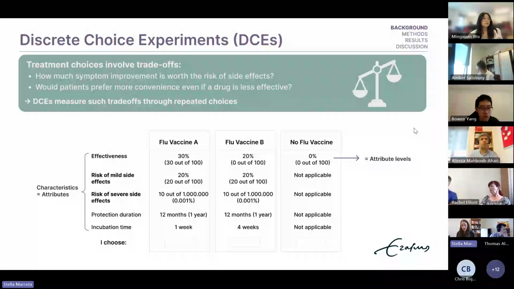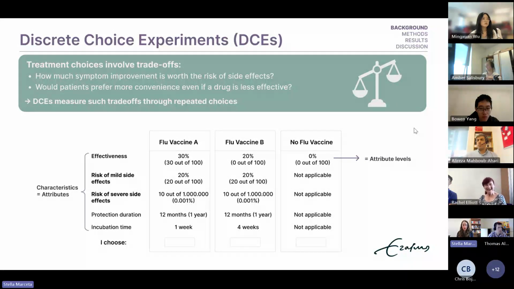Below you see what such a choice task would look like, using the flu vaccine as an example. There are two words I want you to memorize for this presentation. On the left side, you see effectiveness, risk of mild side effects, severe side effects, protection duration, incubation time. These are the general characteristics of a treatment, and they're called attributes in the DCE language.